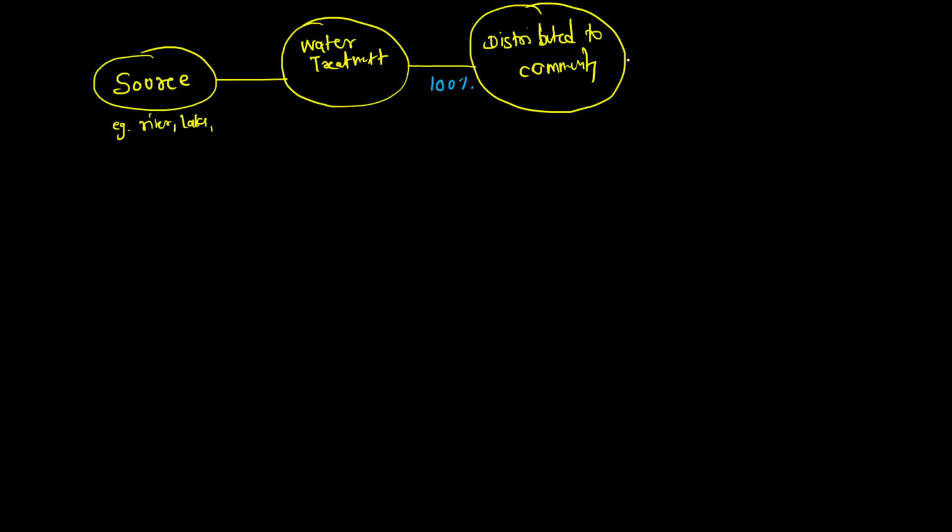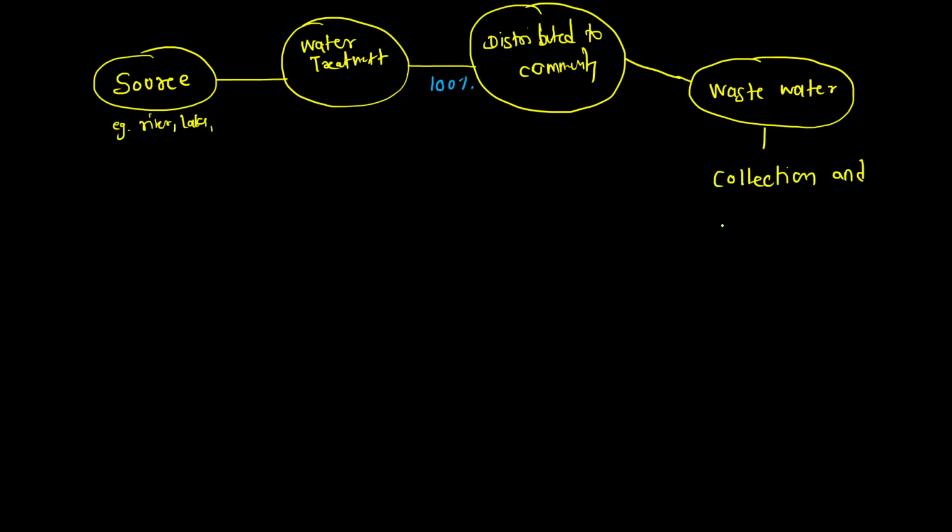So after the distribution and utilization, the remaining percentage gets converted into wastewater. Okay, so the next phase is the generation of wastewater. Now once the wastewater is generated, we have to collect it. So the first part is collection. After collection, we have to convey it to the wastewater treatment plant. We have seen the water treatment plant.